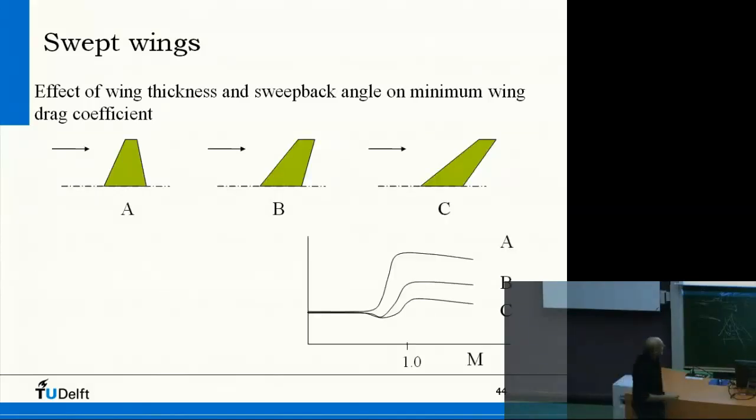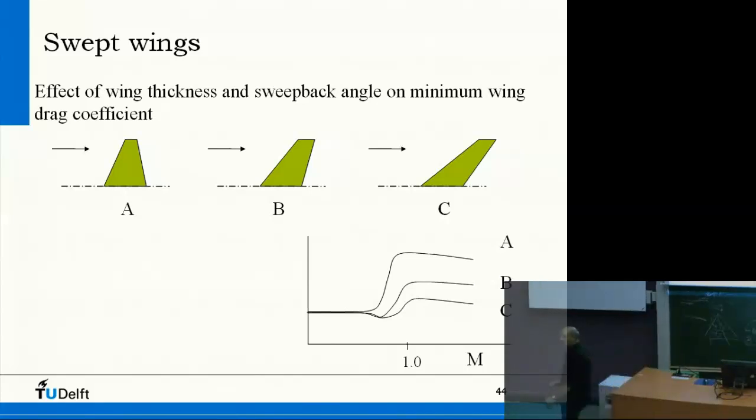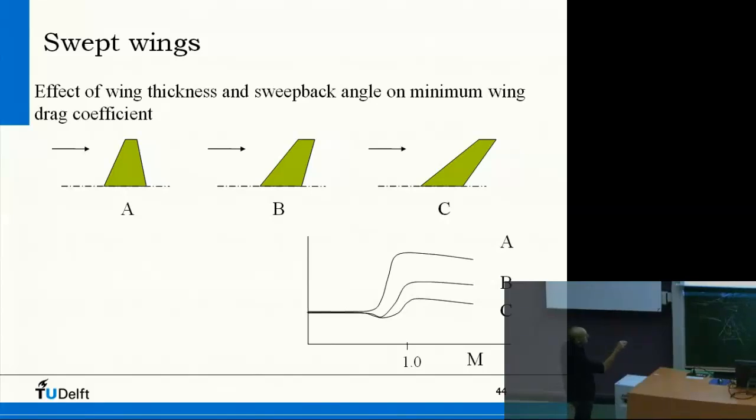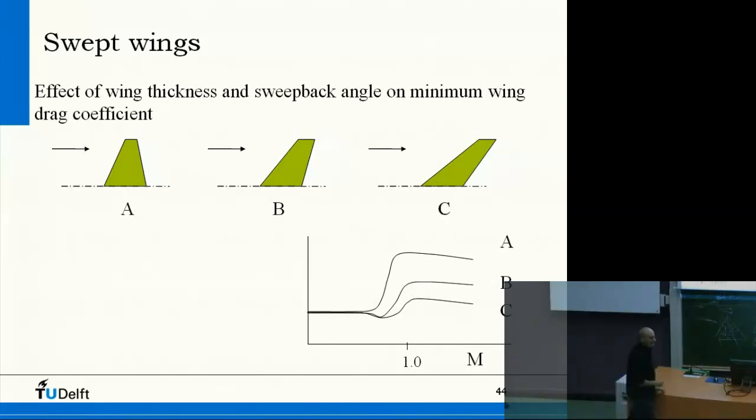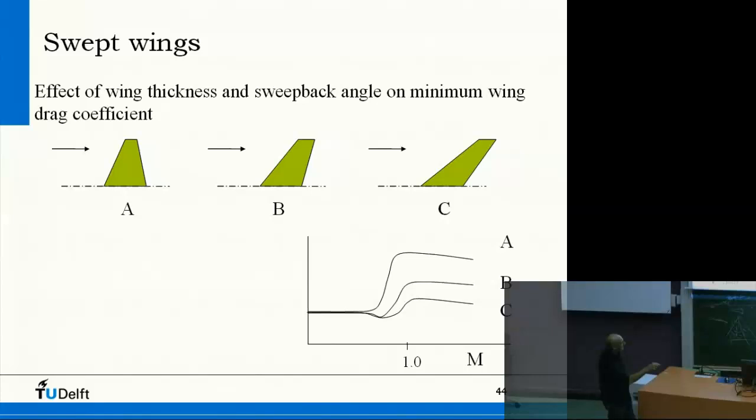Now if we look at this 9% thick airfoil, put it in different aspect ratio wings, then we see this. Here, this is A, we still see this drag divergence, because there's virtually not so much sweep, of course. Here is moderate sweep and here is more sweep, and you see that this is what happens.